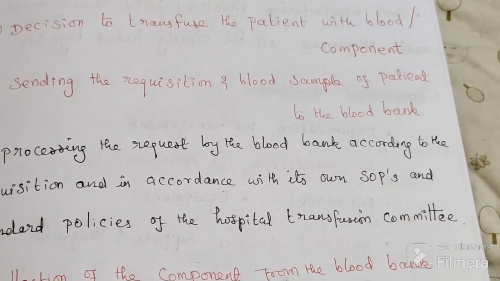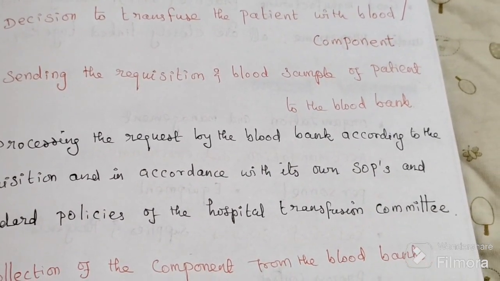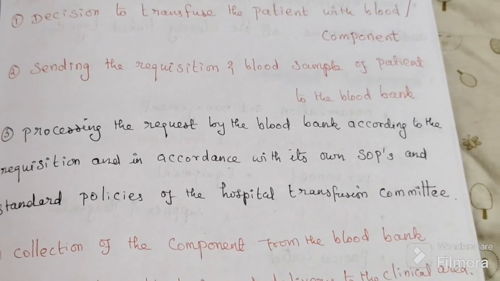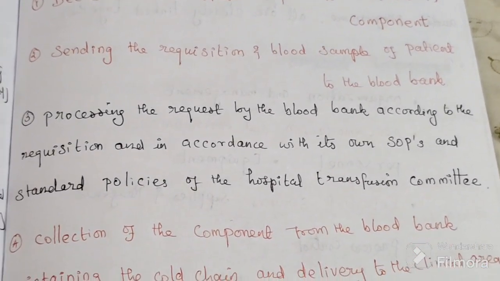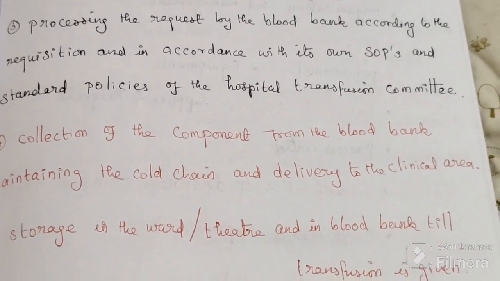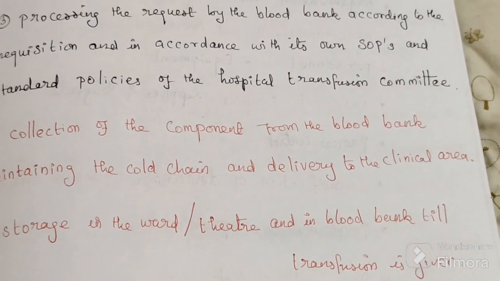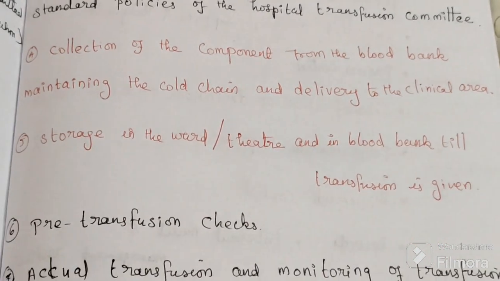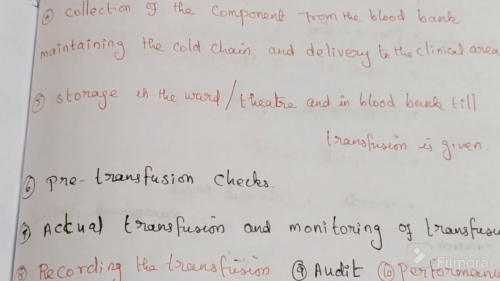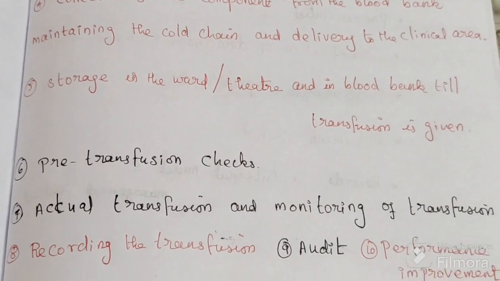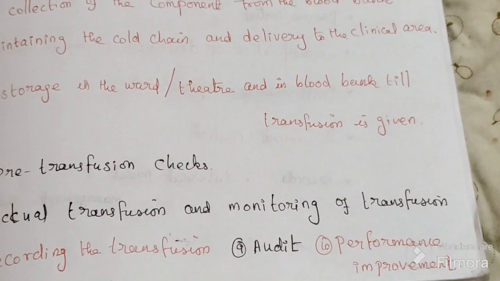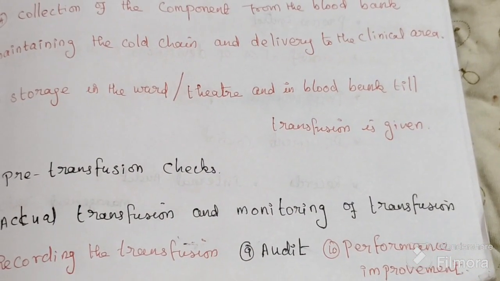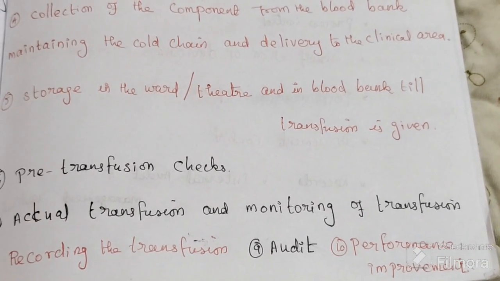Then the component or blood is collected from the blood bank and, maintaining the cold chain, is transferred to the clinical area. Then transfusion, monitoring of transfusion, recording of transfusion, and then performance improvement. So these are some of the steps of transfusion.